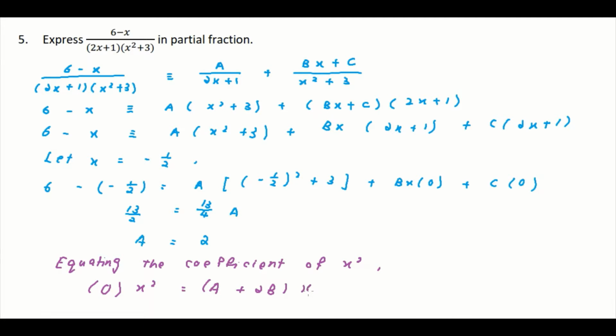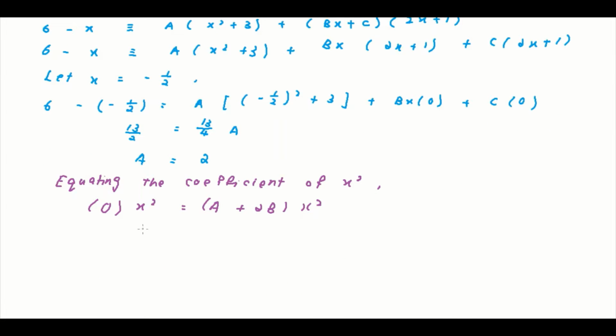This is what is meant by equating the coefficient of x squared. So 0 will be equal to a plus 2b. Since we already got our a, I can write 0 equals 2 plus 2b, which gives me b equals -1, exactly the same answer as we have just now.